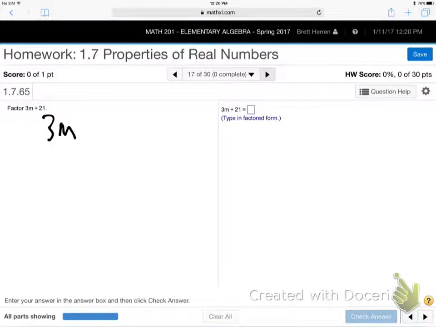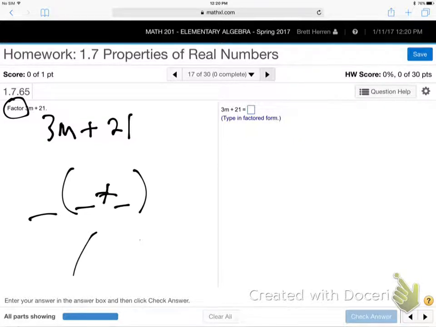So 3m plus 21. They say factor. Do you guys know what factor means? What does factor mean? Yeah, GCF. Kind of said. It means the opposite of multiply. It's basically unmultiply. They're basically saying, hey, what was this thing before it became 3m plus 21? It's kind of like working backwards. They're saying there was parentheses, there was some number out front, and 2 numbers inside here.